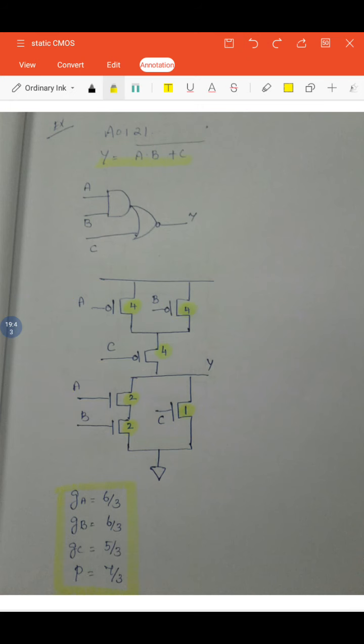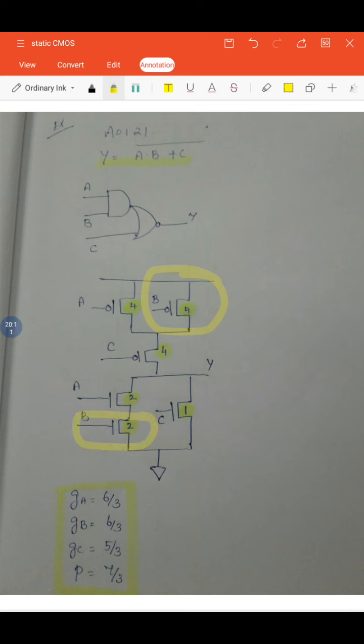When it is the A input, what is the input capacitance? 4 plus 2, so 6 is the input capacitance. Divide the Cin by the input capacitance of the inverter, which is 3. So 6 by 3. At the B input, the B transistor here has size 4, and here the B transistor has size 2.